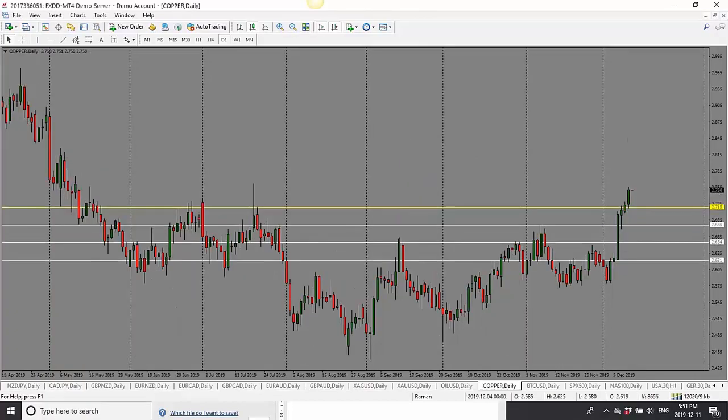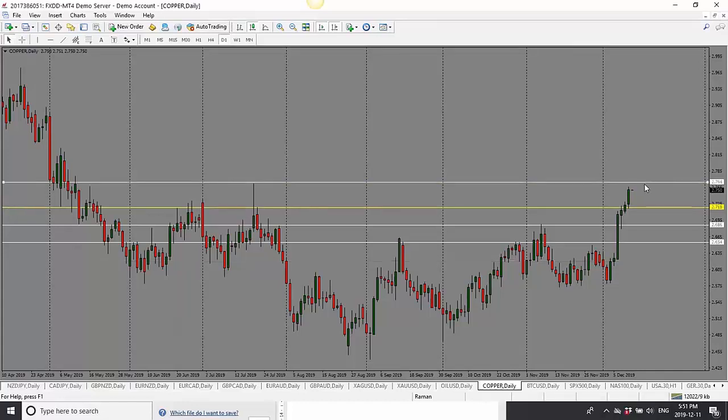Copper, a big move higher here, right into our resistance. And this is why Australian dollar and New Zealand have been quite strong, because our commodities have been strong. We have seen gold, silver, as well as copper move higher.